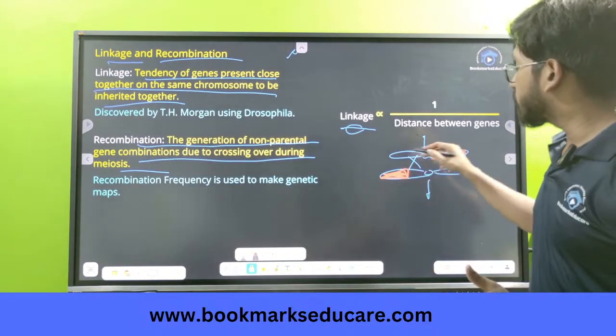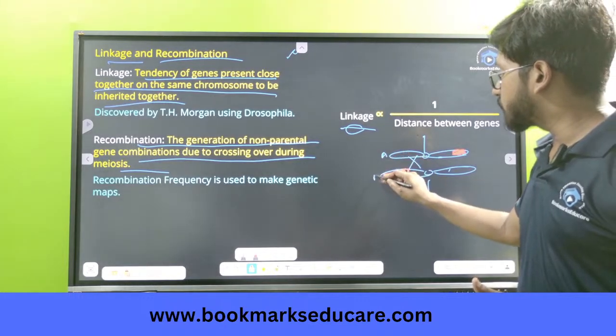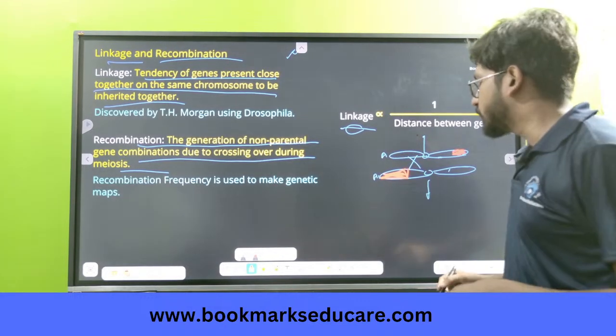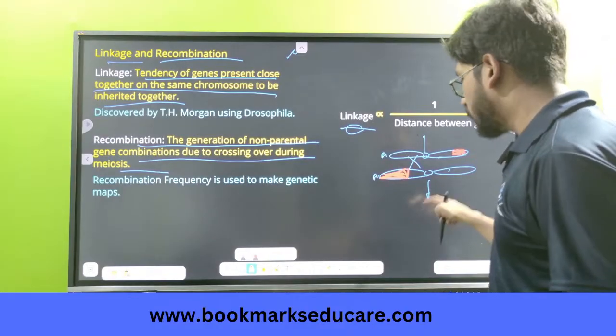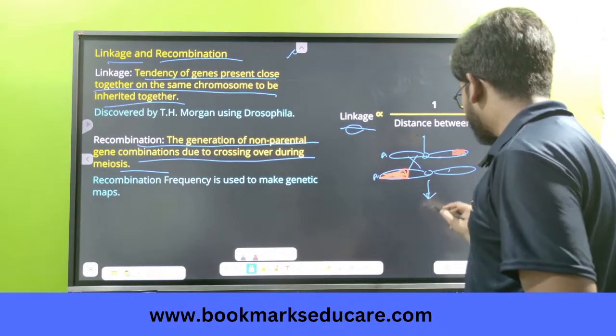So अगर recombination हुआ ये A1 जीन के अंदर, क्रोमोसोम के अंदर, तो क्या होगा? It will work like that.